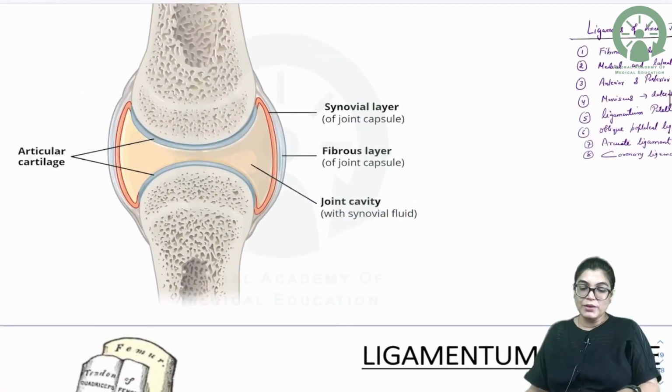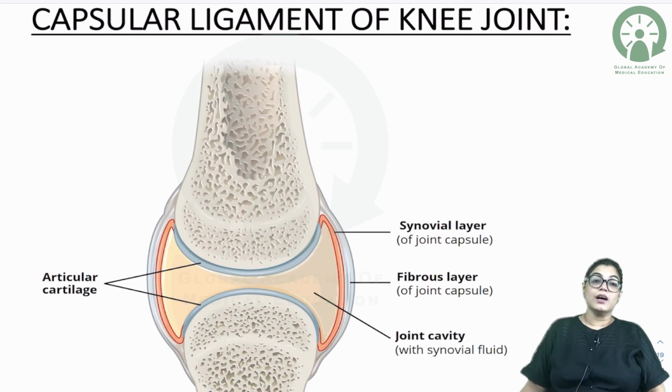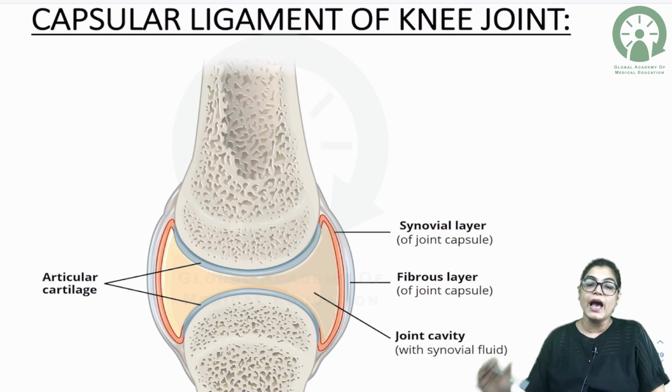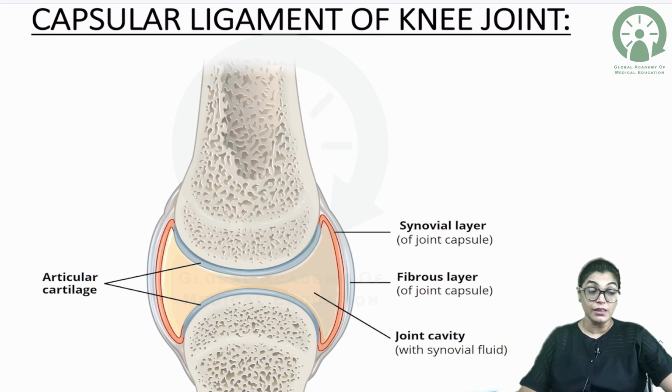Now, the fibrous capsule: the capsular attachment in the knee joint is onto the articular surfaces and the margins of the joint, and the fibrous capsule has some gaps. It has a gap for the tendon of popliteus muscle.